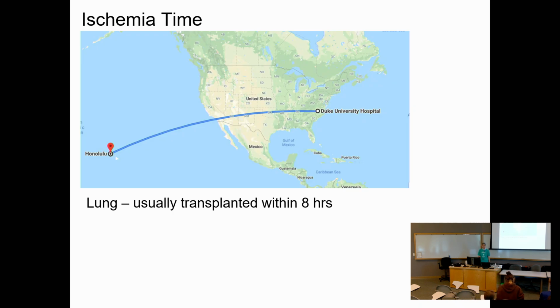So generally in Hawaii, we're at a disadvantage because we're already 2,500 miles from the West Coast, 5,000 miles from the East Coast, and we haven't really been able to donate a lot of lungs from our local deceased donors.